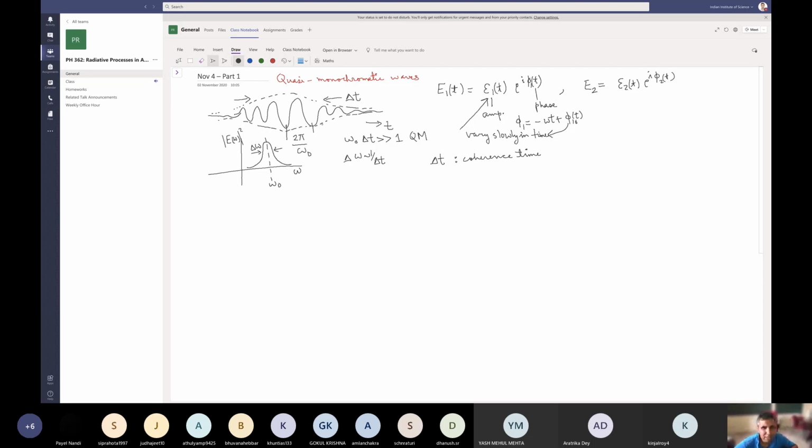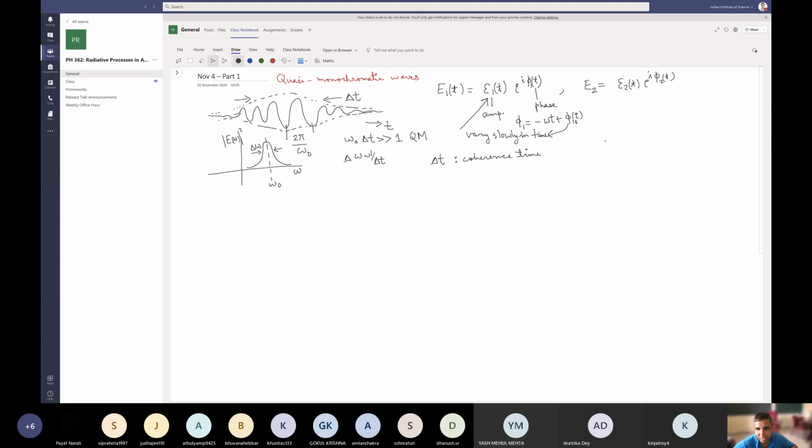Right, and optical waves, for example, vary very quickly, like 10 to the 14 cycles per second. So typically instruments measure intensity rather than the electric field itself. In radio and microwave, where you have centimeter or meter wavelength, you can actually measure the amplitude and the phase. But in optical, we are generally measuring the intensities.